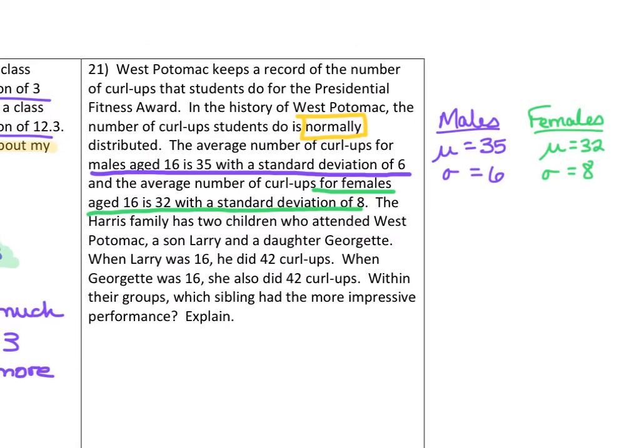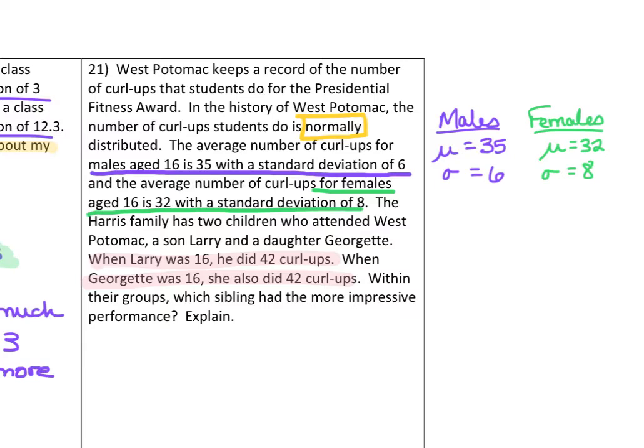And then they give you this information about this family, and the family has both a son and a daughter, and the son did 42 curl-ups and the daughter did 42 curl-ups, both of them when they were 16 years old.